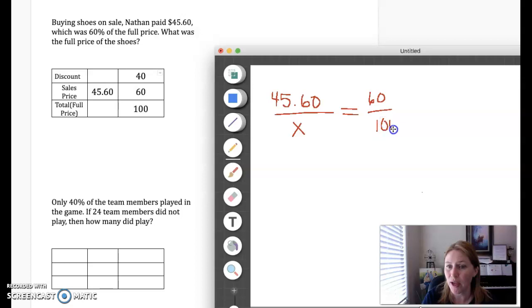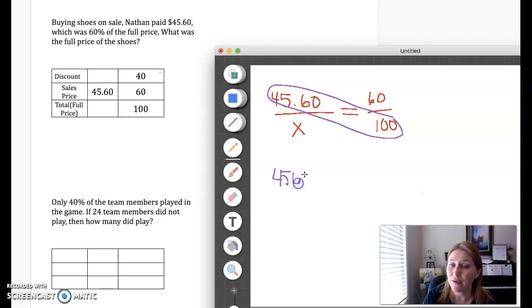So remember, we're just lining up, making sure that we have the same boxes lined up. So this and this are both top, this and this will both be bottom, okay? So now we're going to do cross multiplication, this times this. So 45.60 times 100 will be 45.60 without the decimal, move the decimal 2 places. And that will be equal to 60x, okay?